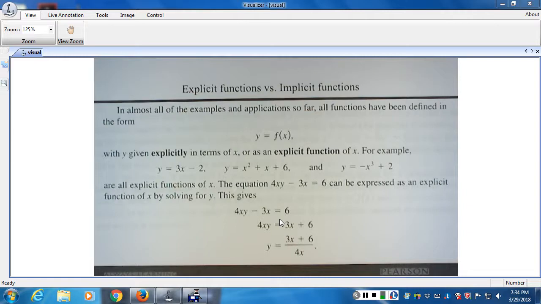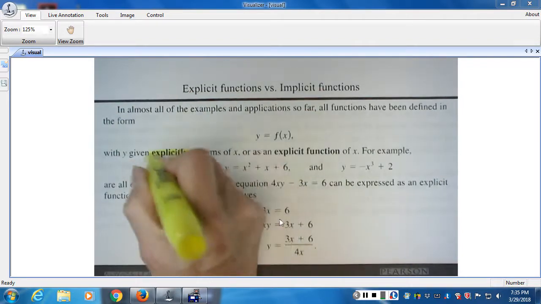All of the functions that we have been dealing with up to this point are where y is equal to some function of x. Y is on one side of the equation, and the part where the x is in it is all on the other side. That is called an explicit function.